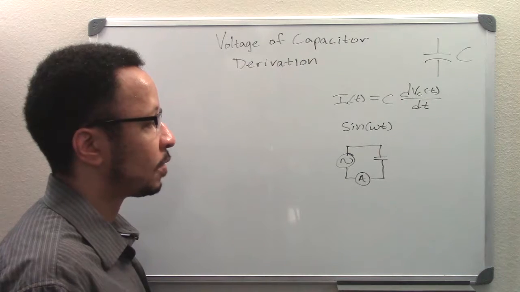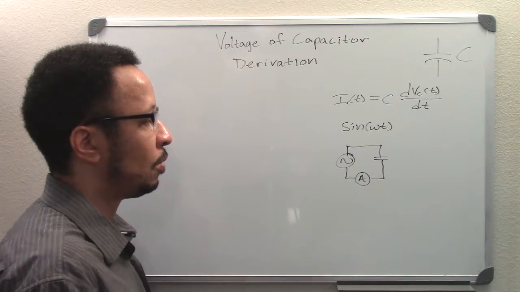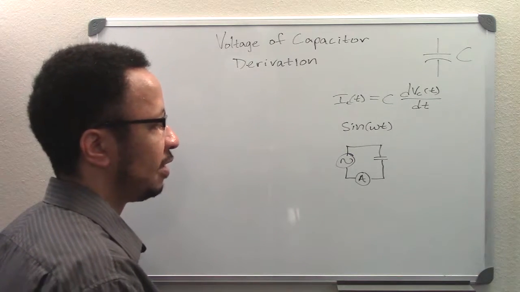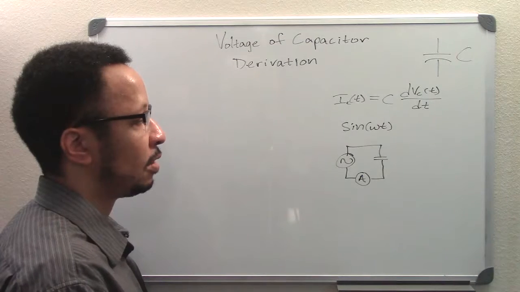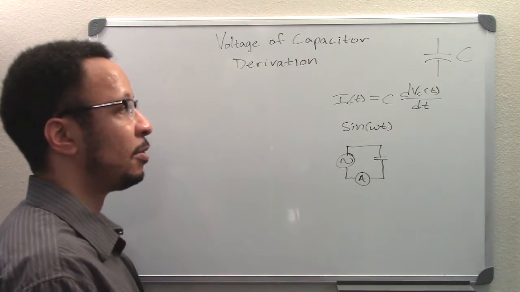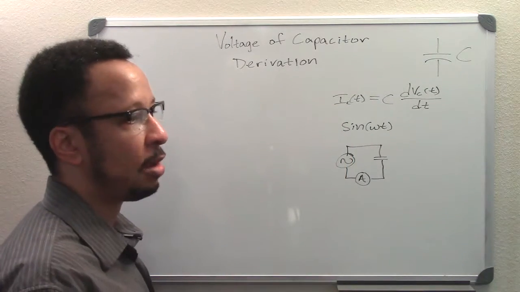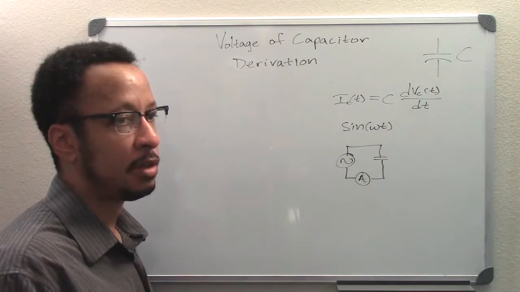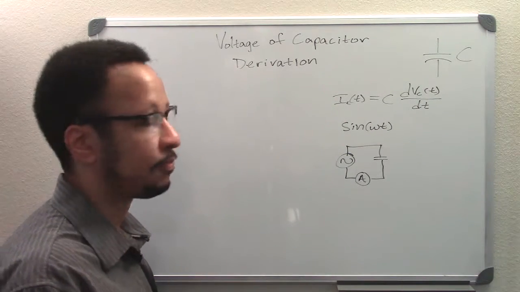And to be more specific about this type of current, what we'll do is we'll take notice of the fact that there's two different types of current. There is displacement current, and then there's conduction current. The type of current that we are talking about when we mention I_C(t) here is the displacement current. To the amp meter, it's indistinguishable.